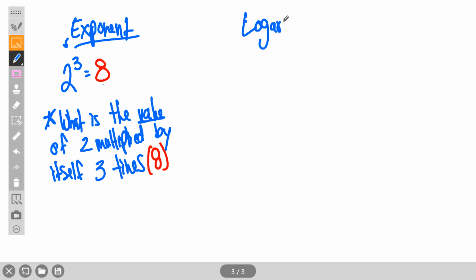Now, a logarithm is slightly different. We can use the same information, 2 to the third power equals 8, but it asks a different question about their relationship. So if I wrote something like log base 2 of 8, I could evaluate this.